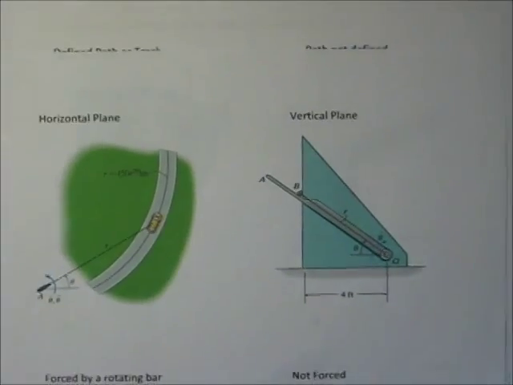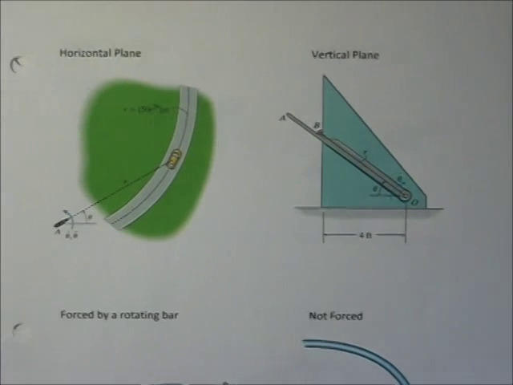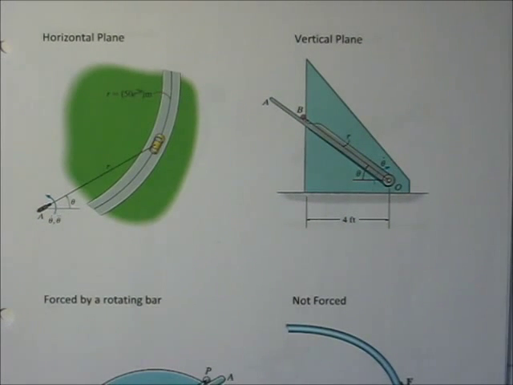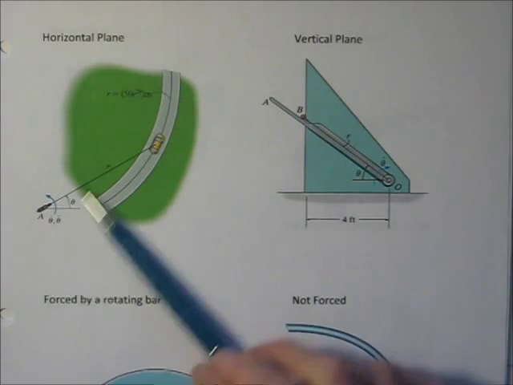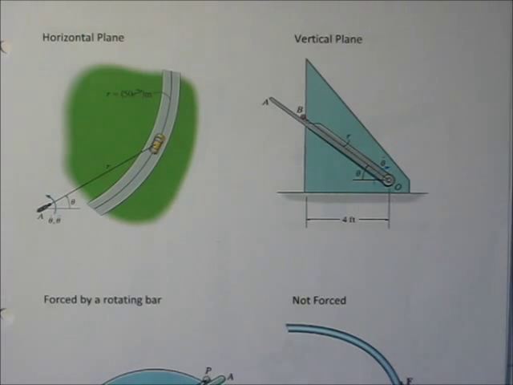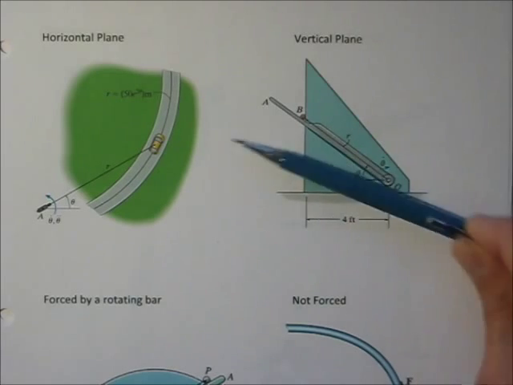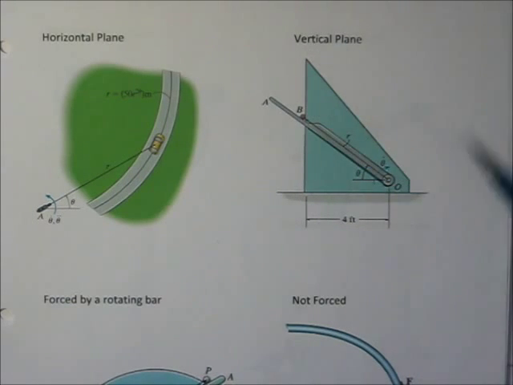We're going to talk about a variety of types of problems, and we're only going to solve a couple of them, but just recognize that R-theta can be in a variety of configurations. It could be in the horizontal plane. So this is a car on a track. We did one of these in class where we had an R-theta. It could be in the vertical plane, something like this, where this thing is rotating and shoving up that little ball.